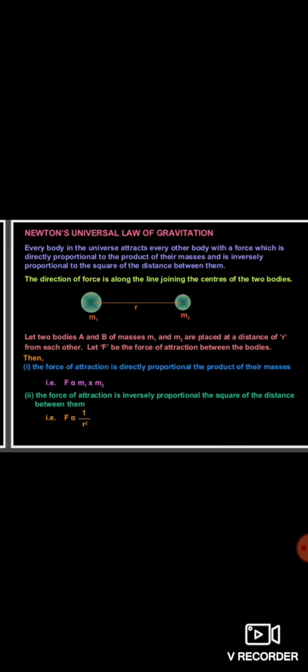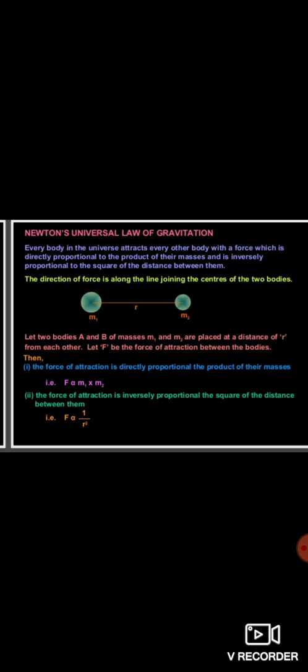Then according to the law of gravitation, the force is directly proportional to the product of their masses, that is m1 into m2, and it is inversely proportional to the square of the distance between them. F is inversely proportional to 1 by r square. What do you mean by directly proportional?